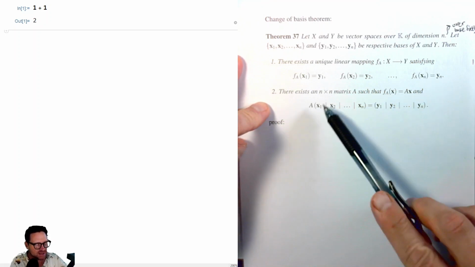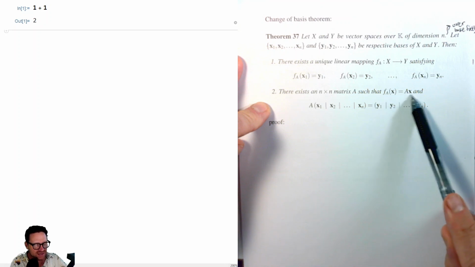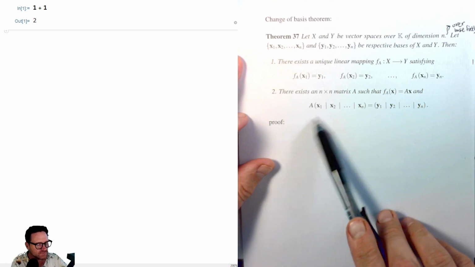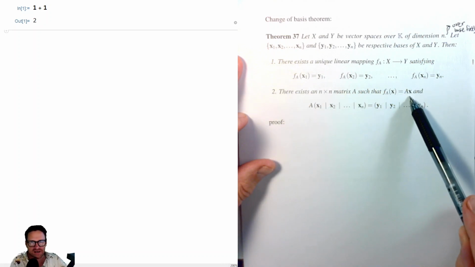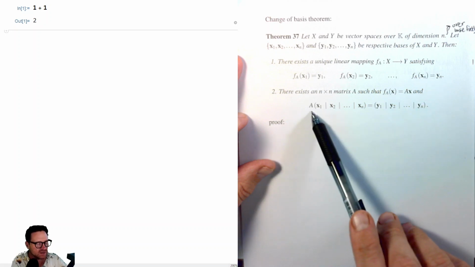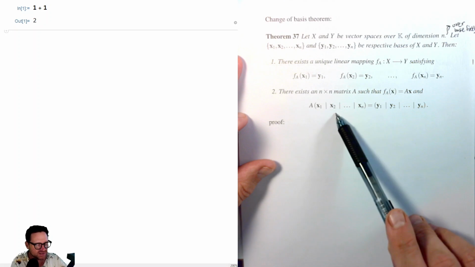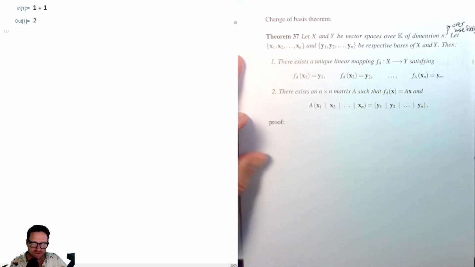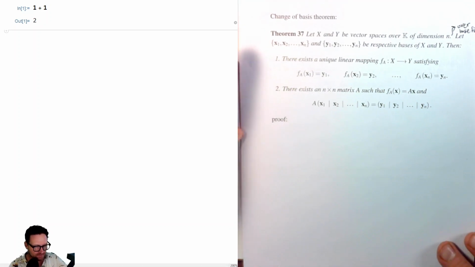There exists an n by n matrix A such that f subscript A of x is A times x, and applying each of these, noting that it's A times x, we have A times the concatenation of all those vectors x is equal to the concatenation of all the vectors y. All right, let's see why. So A would be a change of basis matrix.